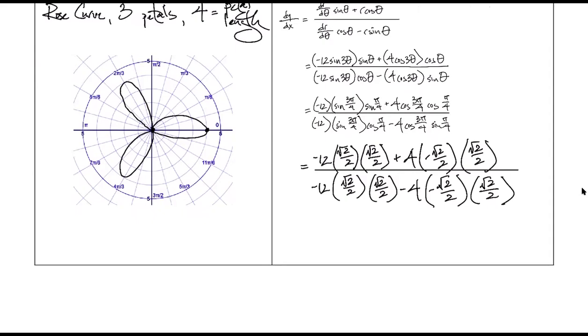So for example, in this first set of fractions, 2 times 2 is 4, but 4 into 12 gives me a 3 in the front, okay? Then I look at the second terms and I see a 4 on the outside and a 2 and a 2 on the bottom. So 4 and 2 are going to reduce to 1. I do the same thing on the bottom, so I'll get negative 3, and then those will go away.